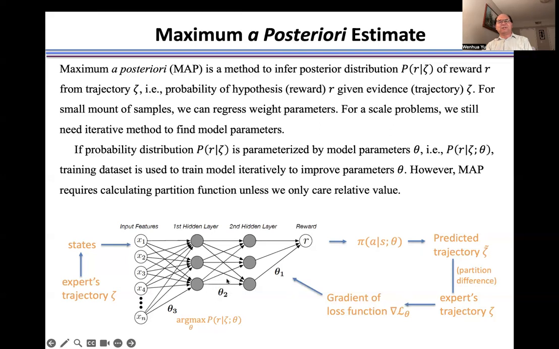Once we have a convergent theta distribution, we can get a state from the trajectory as an input to the model, and the model can estimate the reward function. That's the idea: how we can use the maximum posteriori estimate model in inverse reinforcement learning to estimate the reward function from the expert trajectory.